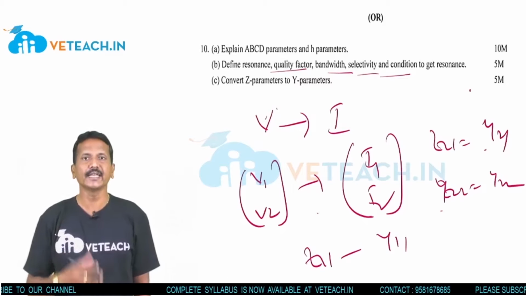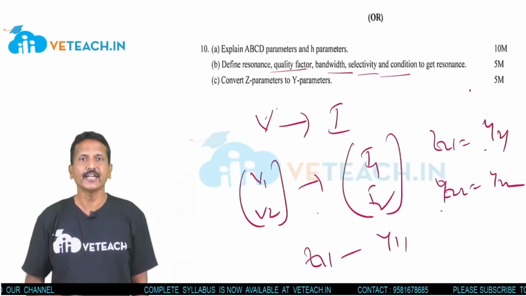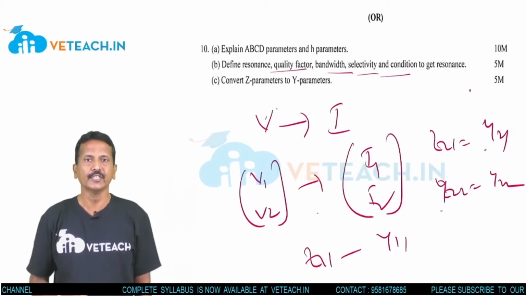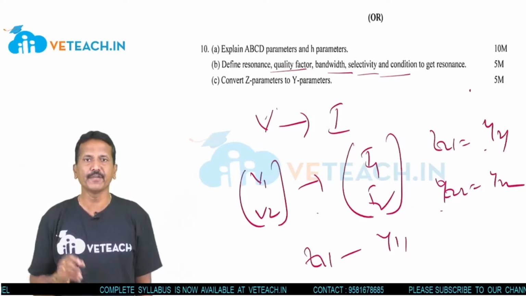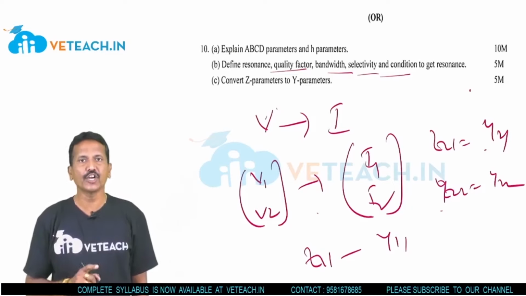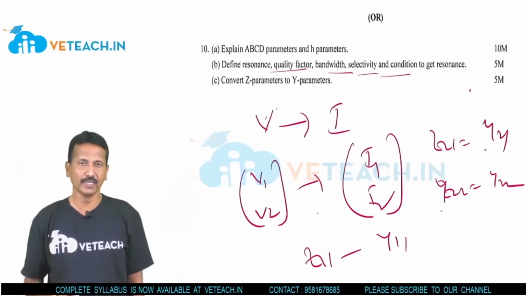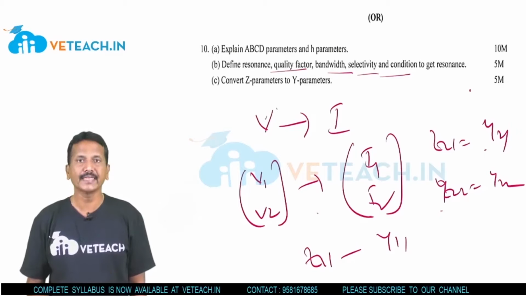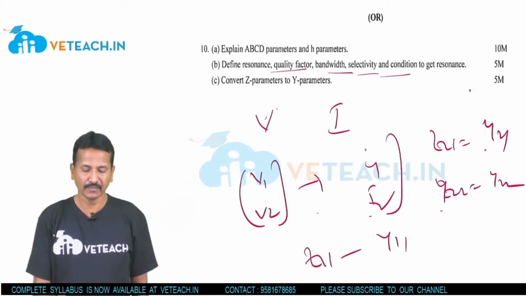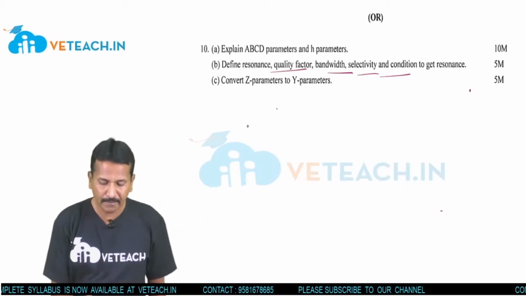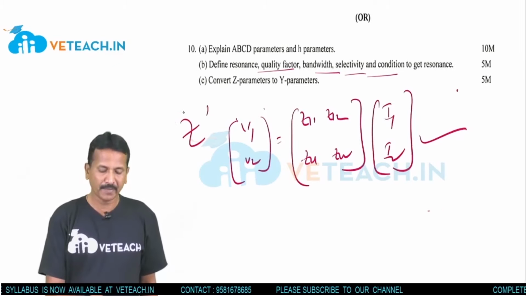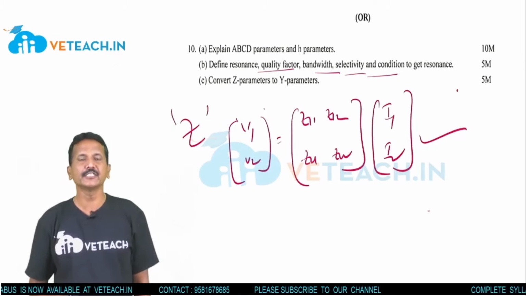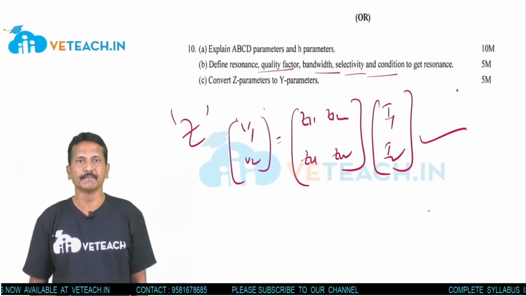These Z values are all converted into Y parameters. What is the importance here? Also very important, right? Conversion of one parameter to another parameter may come as a derivation or a problem, so practice as many as possible. This is the Z parameters notation or relation.